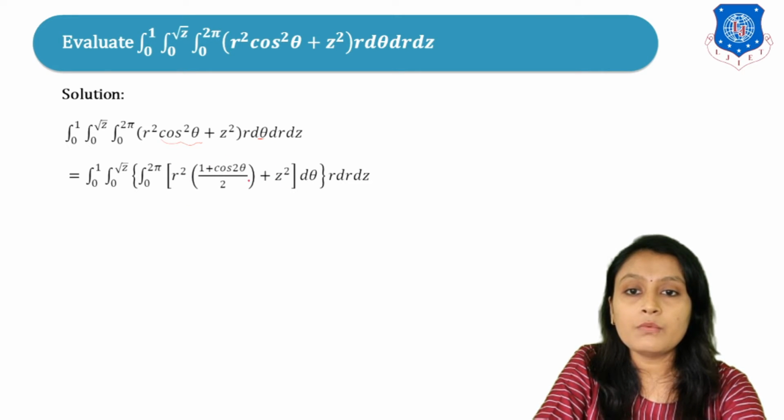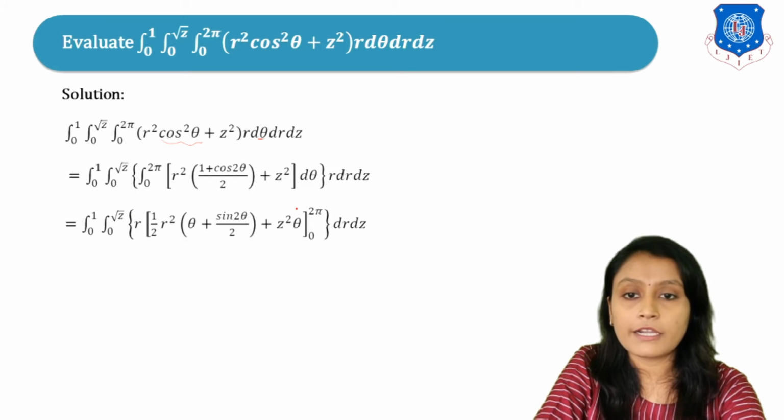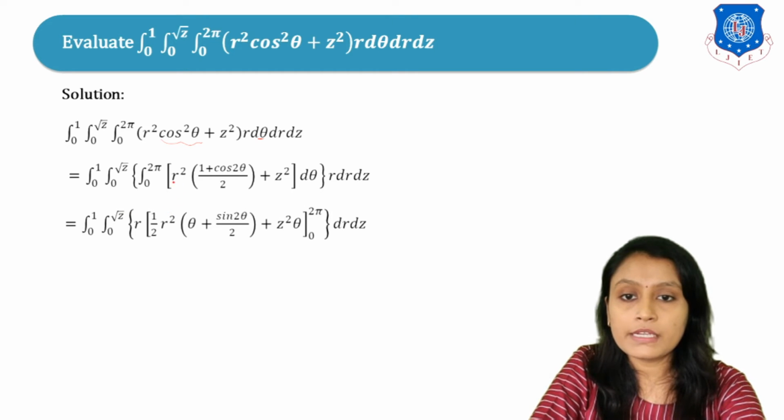Now we will integrate it with respect to theta. So what you will get here, now in place of this 1, integration of 1 is theta plus integration of cos 2 theta is sin 2 theta upon 2, and this r square and 2 is taken outside. This r we have written here.